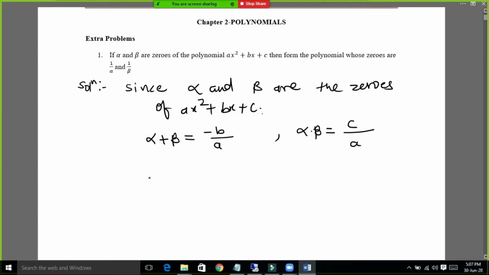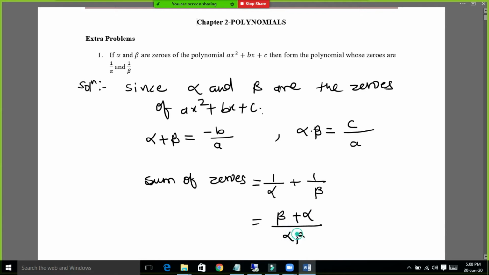Now we calculate the sum of zeros for 1 by alpha and 1 by beta. Since we have to form the polynomial whose zeros are 1 by alpha and 1 by beta, we calculate first the sum of zeros. So 1 by alpha plus 1 by beta. Now we solve this sum. Cross multiply the terms: beta into 1 is beta plus alpha into 1 is alpha, upon alpha into beta is alpha beta.